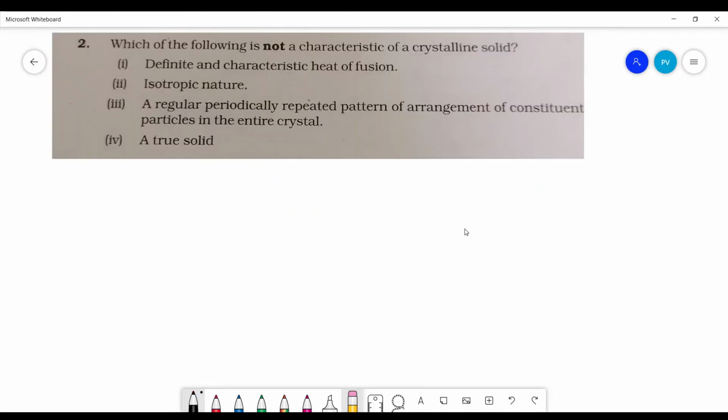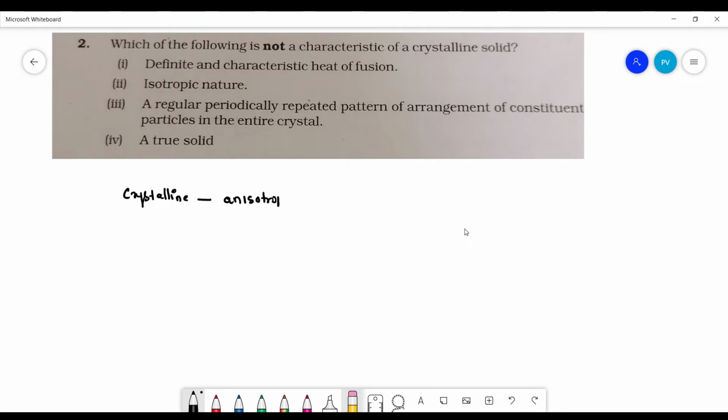Question number 2, which of the following is not a characteristic of a crystalline solid? As we all know, crystalline solids are anisotropic.